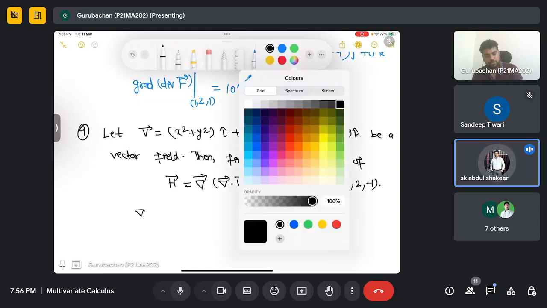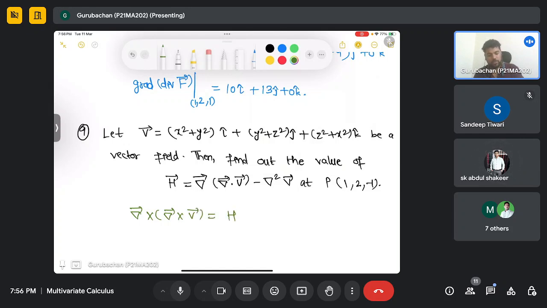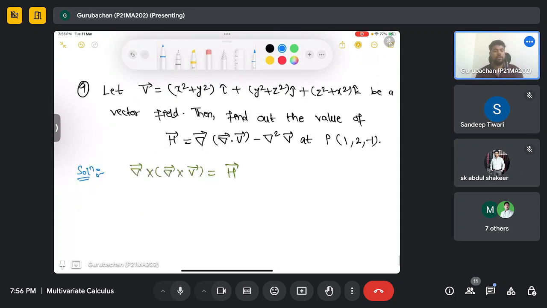First we have to find out del cross V bar, and then we have to evaluate the identity again. Del cross del cross V bar. So this is equal to H, you want to say, right? Yes, sir. Okay. That means we have to calculate the curl two times. We will check this.